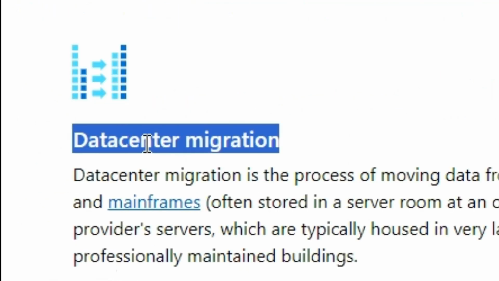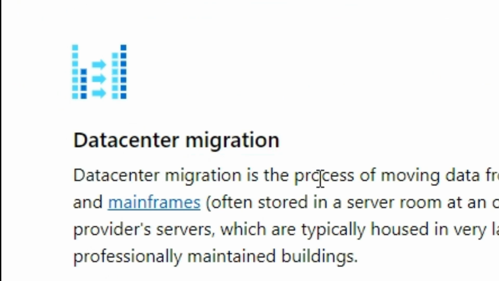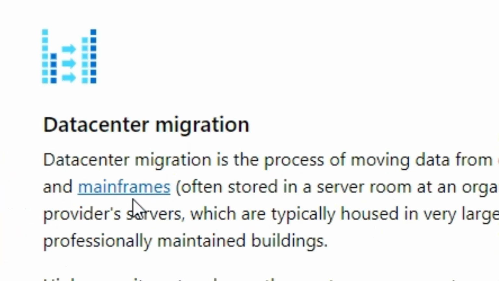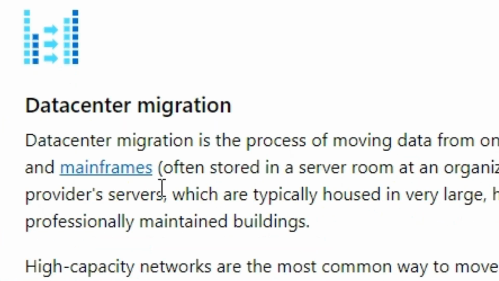First scenario is data center migration. Data center migration is the process of moving data from on-prem servers and mainframes, often stored in a server room at an organization's office, to a cloud-provided server.